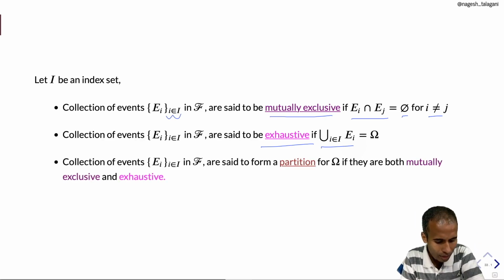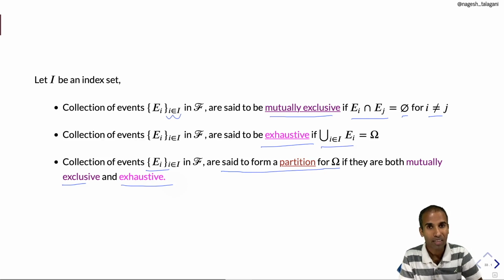Next, the collection of events Ei in script F is said to form a partition for omega if they are both mutually exclusive and exhaustive. That means whenever we perform an experiment, exactly one event in the collection always happens.